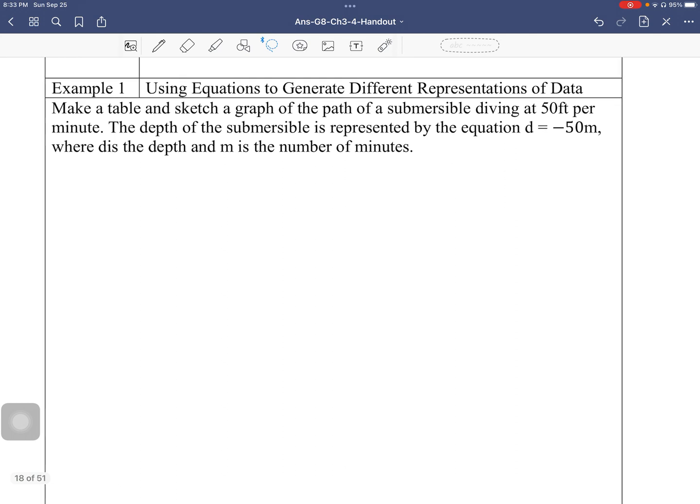My representation comes from equations, tables, and graphs.